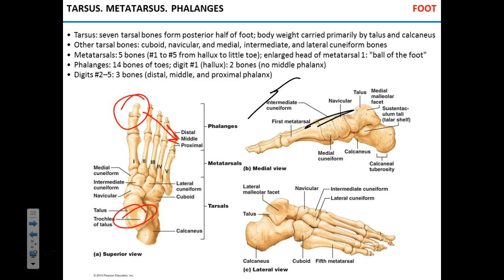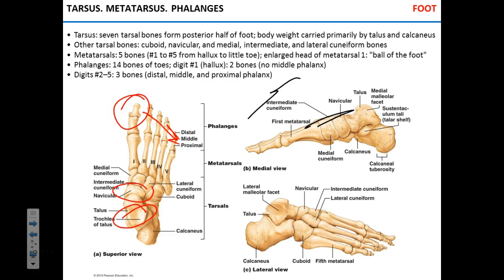Then you have fairly flat navicular bone, which articulates with talus. And cuboid doesn't look like a cube, but nevertheless, cuboid articulates with calcaneus. What I usually suggest to remember that articulation, CC, cuboid calcaneus. Okay, cuboid calcaneus, then talus navicular.